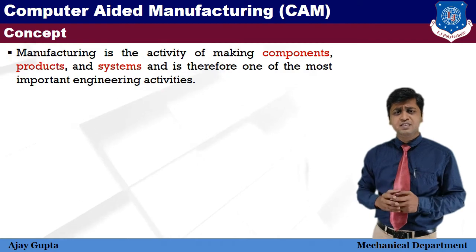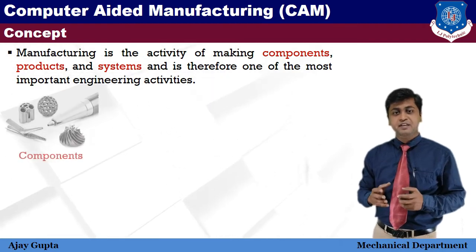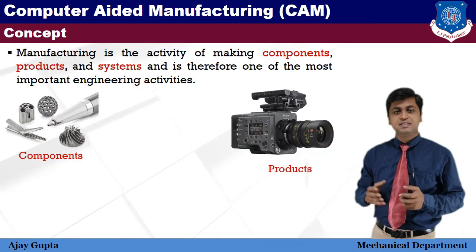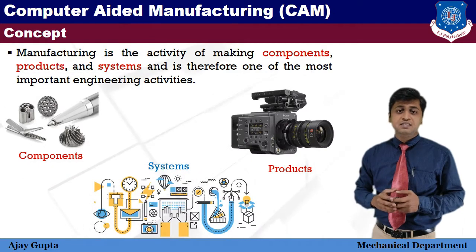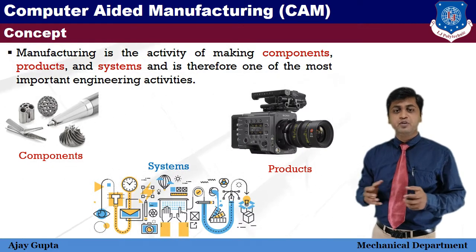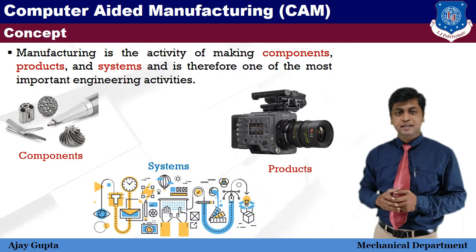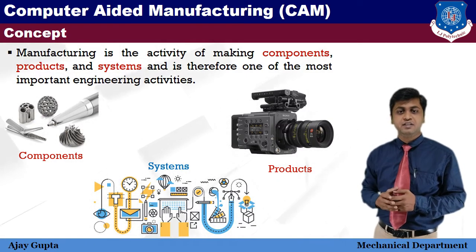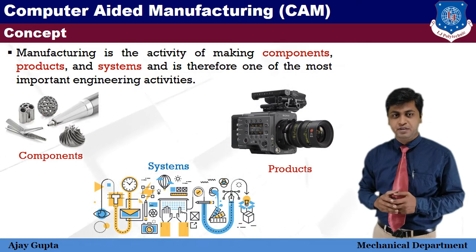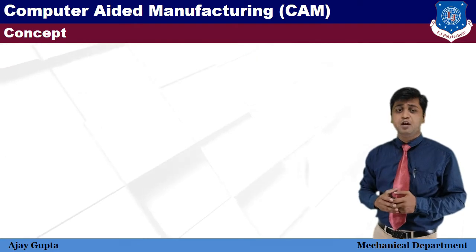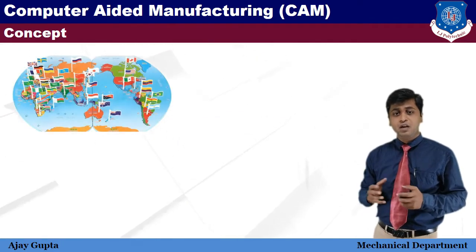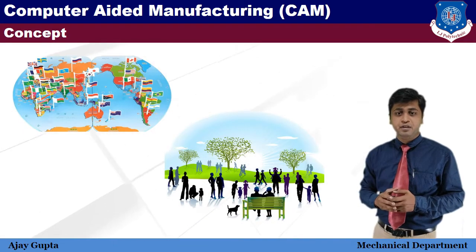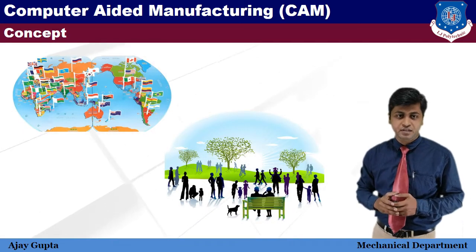Manufacturing is the activity of making components, products and systems, and is therefore one of the most important engineering activities. The economic prosperity of any country is directly linked to the nation's manufacturing capabilities. The prosperity of a nation and the quality of life of the people depend on the production capacity.